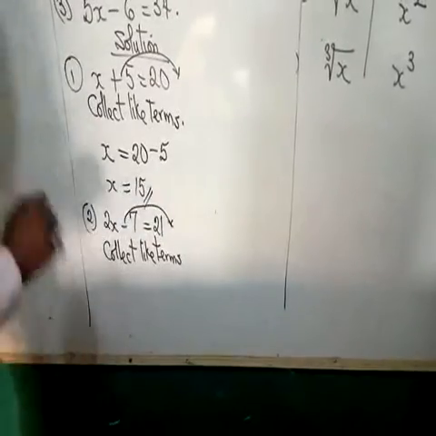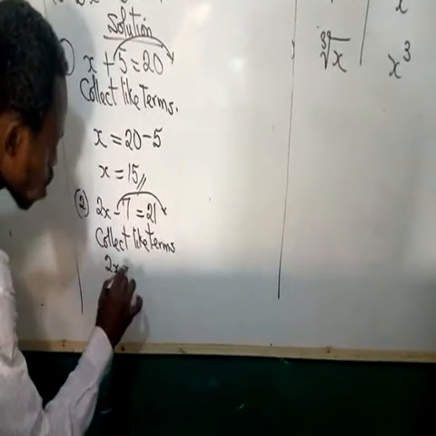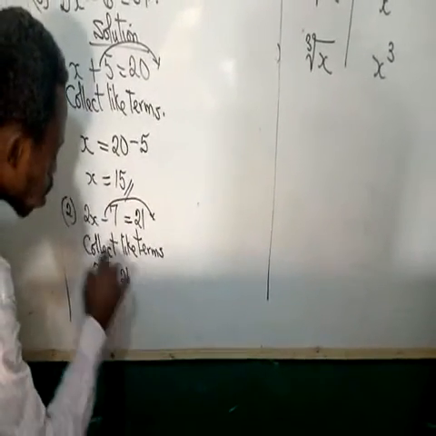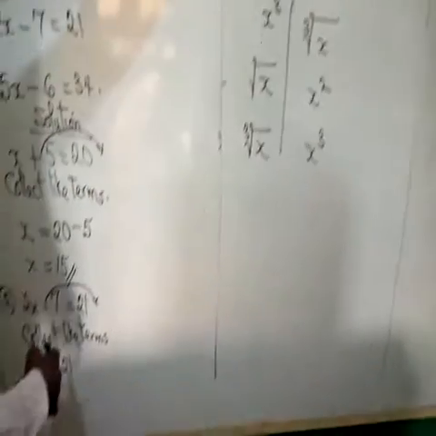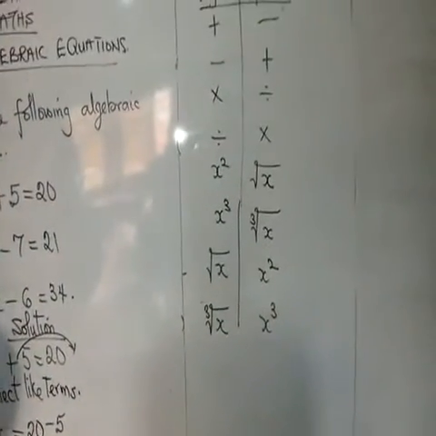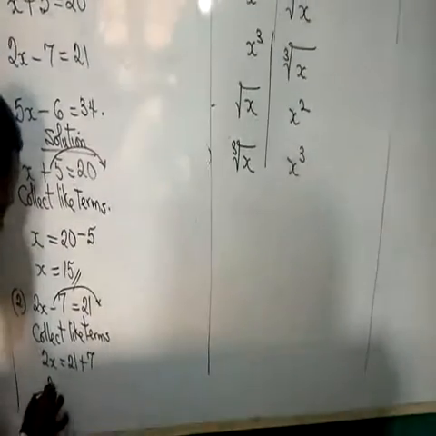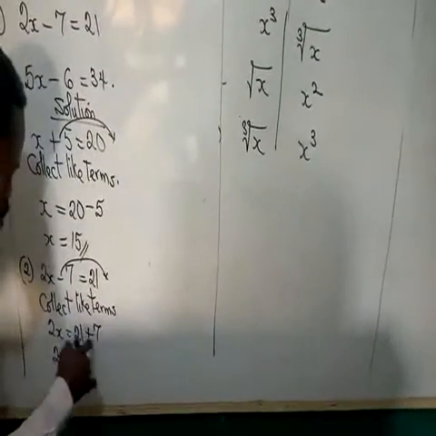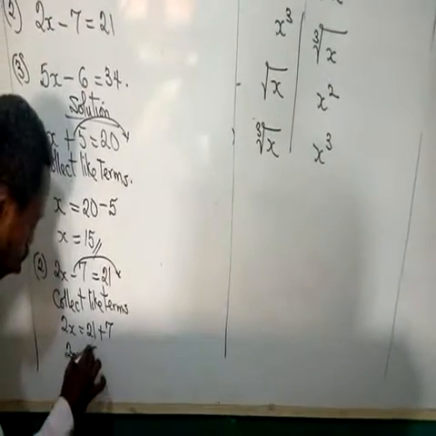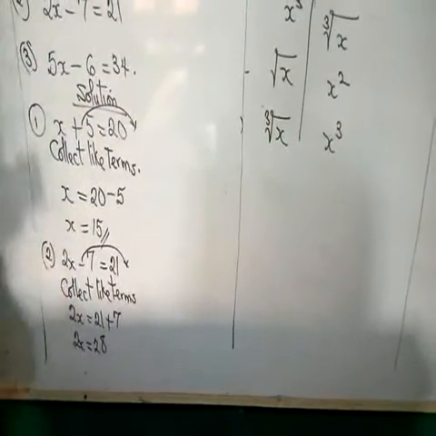So 2x equals 21. Your sign is minus here, the opposite is what? Plus. Then you change it to plus and add. You have 2x equals 21 plus 7. That will give you what? 28.